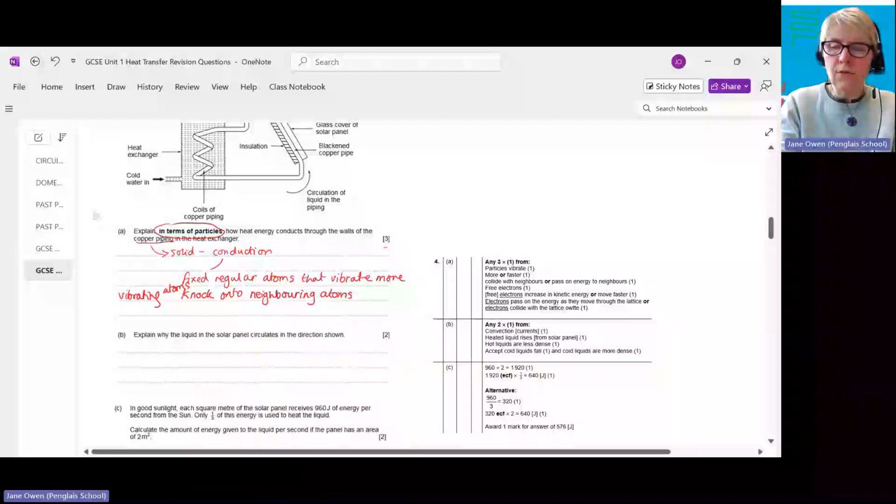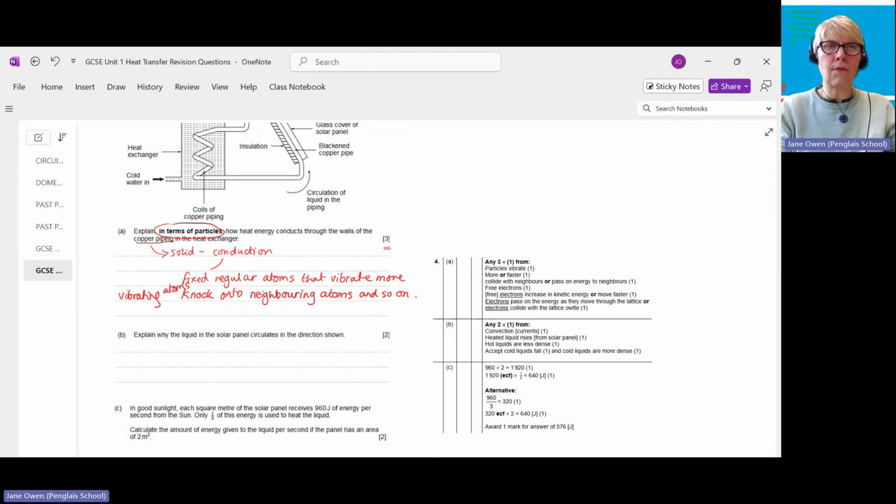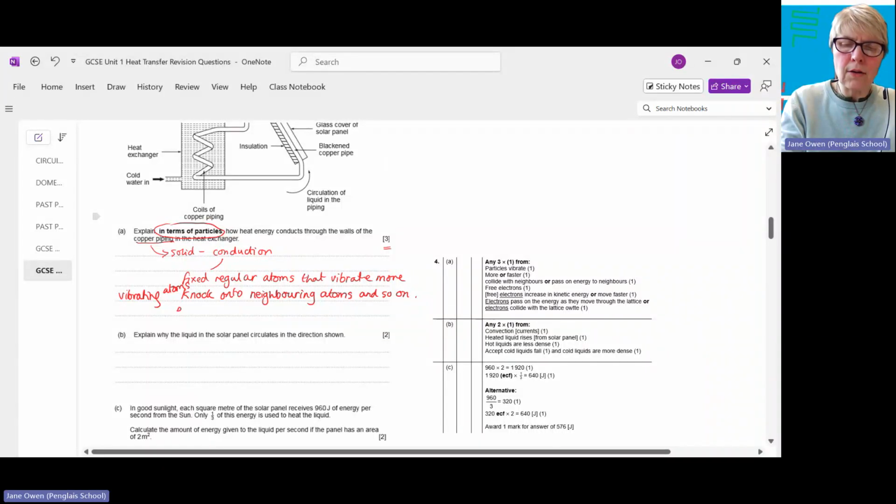Don't forget though, this is 3 marks, so we do need kind of like something more than that, and we need to say and so on to give the idea that it cascades from one particle, vibrates more, knocks onto the next, that vibrates a little bit more, and so on. And then we've also got electrons, and they will move faster.